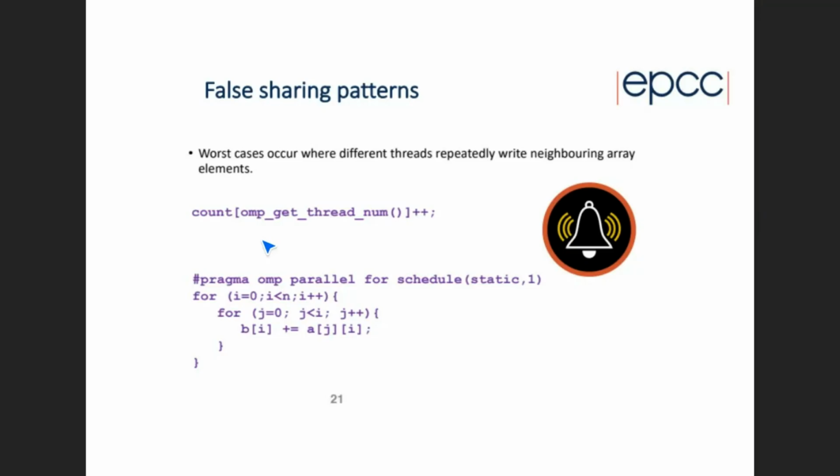Those elements happen to lie in the same cache block, so every write will cause all the other copies of that block in other caches to get invalidated.